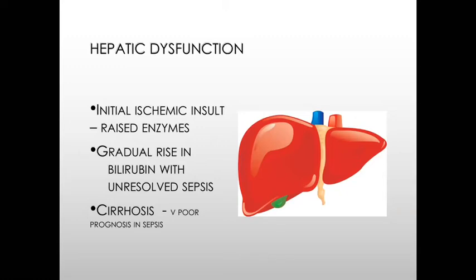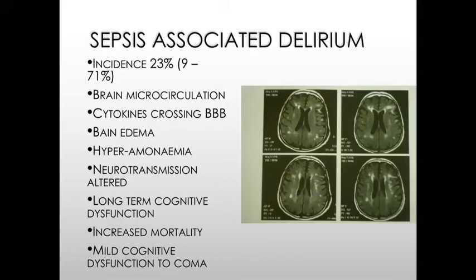And then just as a side, I put in cirrhosis there because patients who have a cirrhotic liver and who are infected and have sepsis do exceptionally badly. So badly is that the presence of cirrhosis and septic shock is really usually in our hands an indication not to go on with aggressive therapies such as intensive care.